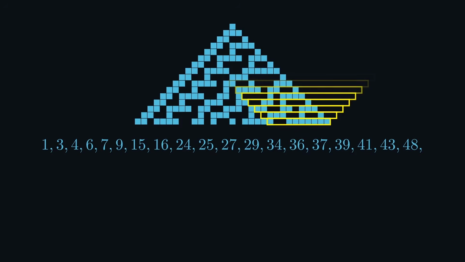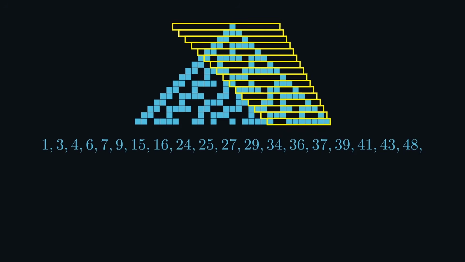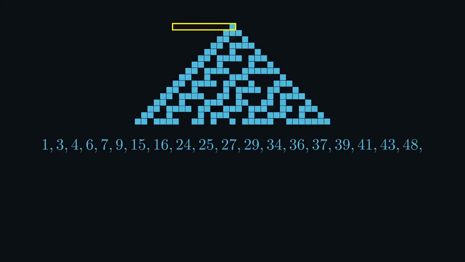Tracking this light cone backward in time to the initial state, we find all the squares that can possibly have an effect. Most of them are part of the background, which stays black, so we don't need to bother computing them. That leaves just these squares. So these 10 squares in the initial state determine the 10 squares we're interested in. And in fact, they determine the rightmost 10 diagonals of the entire automaton.